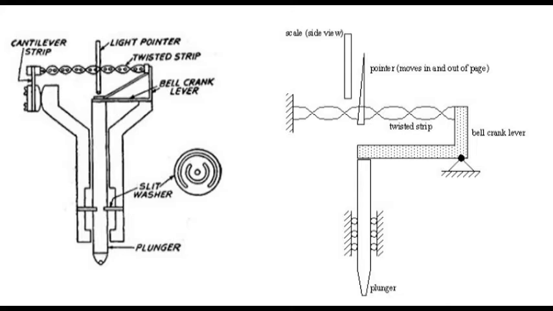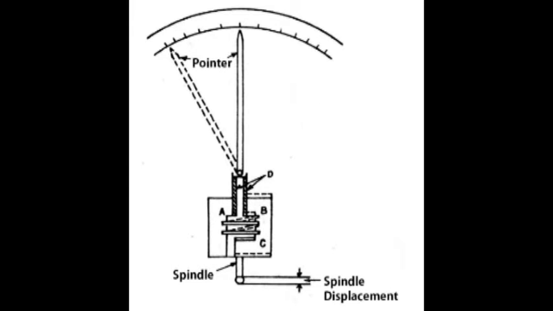And the next one is the reed type mechanical comparator. This instrument we have already discussed in the previous class, so once again I am going to explain this reed type mechanical comparator. In a reed type mechanical comparator, the gauging head is usually a sensitive high quality dial indicator.